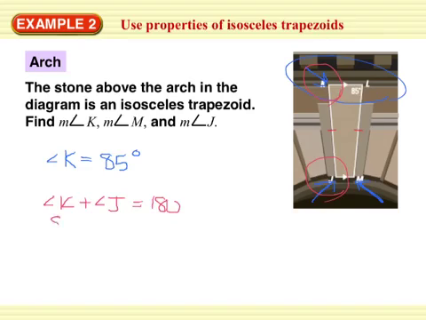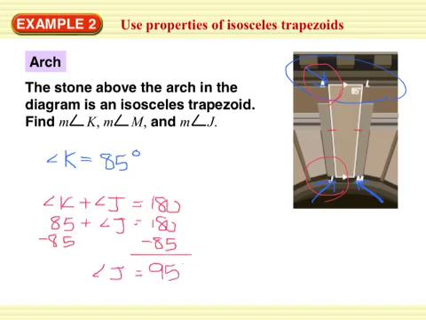So let's substitute in what we know. Subtract 85 from both sides. And we have angle J equals 95 degrees.